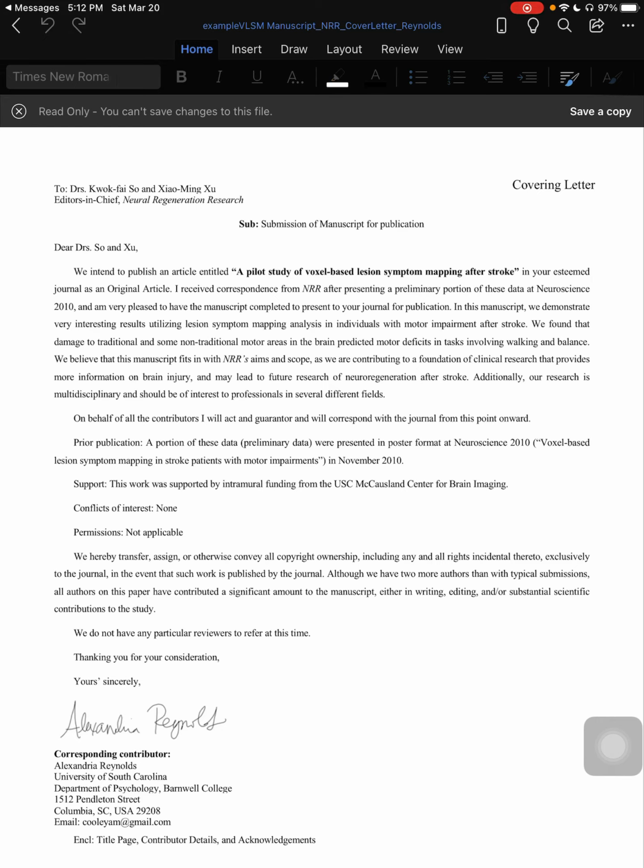And so what is really interesting about the cover letter is it provides the opportunity to explain your case, why you think this paper should be published, what you did, what you found, and what all information you think that the journal should know prior to even reading your paper. So this is the very first thing they read.